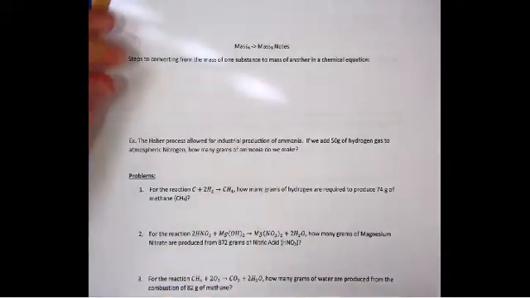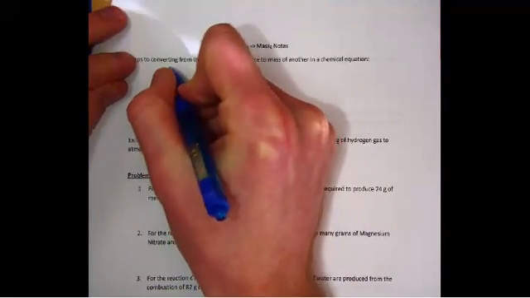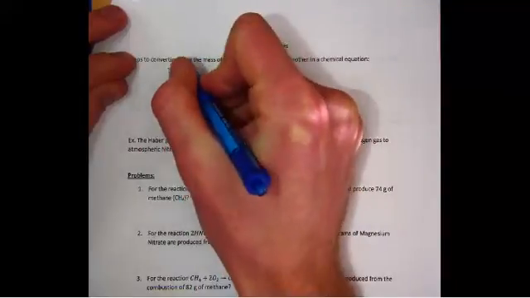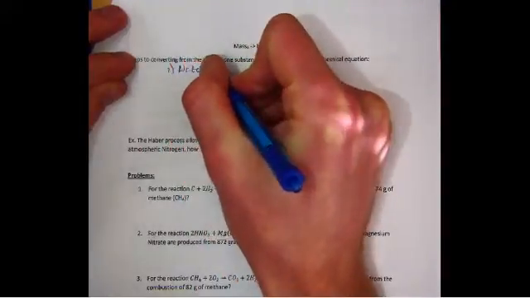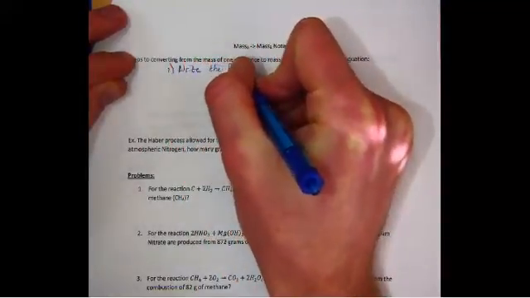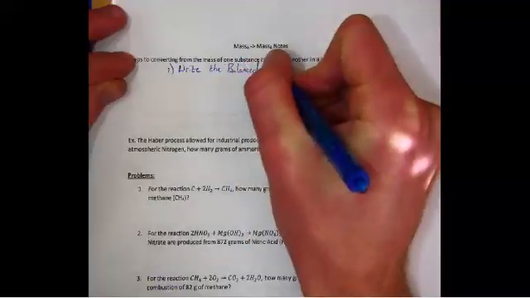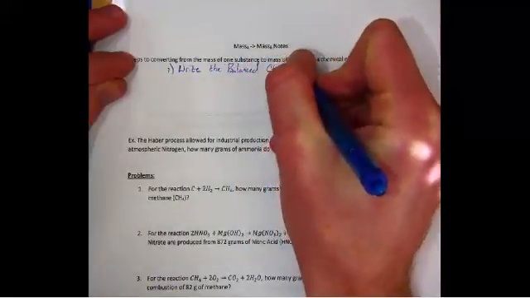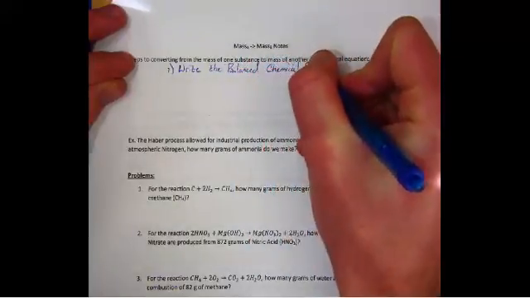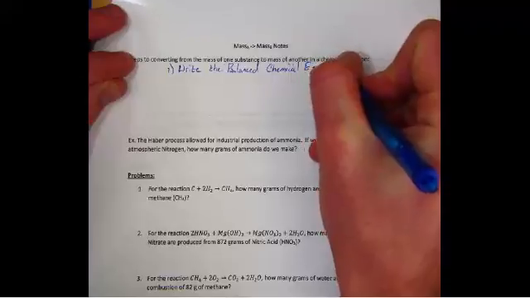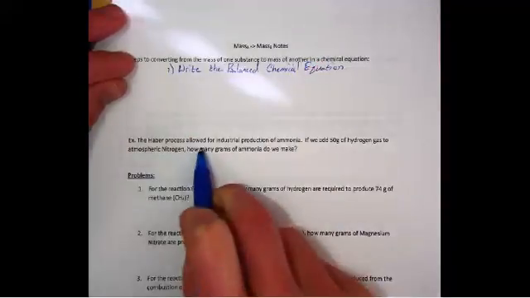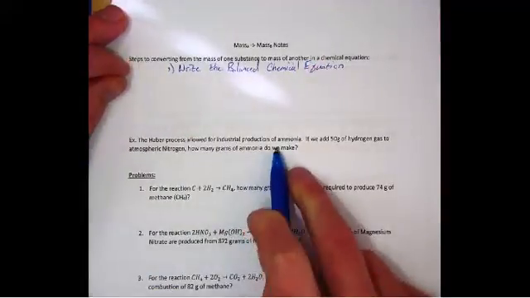All right, so here are our steps. Our first step is going to be to write the balanced chemical equation. And then down below, we are going to read our first sample problem. The Haber process allows for the industrial production of ammonia.